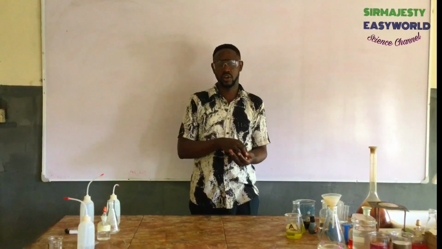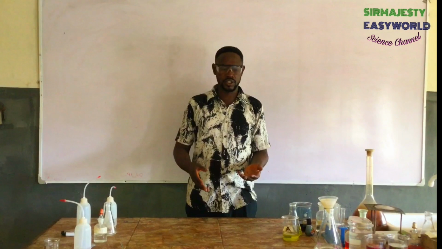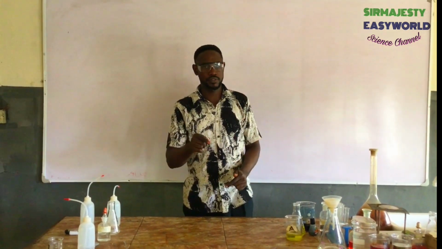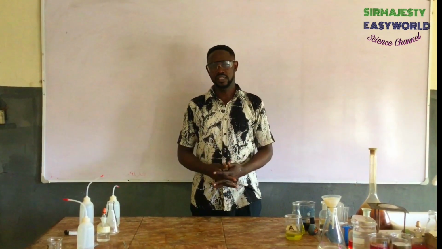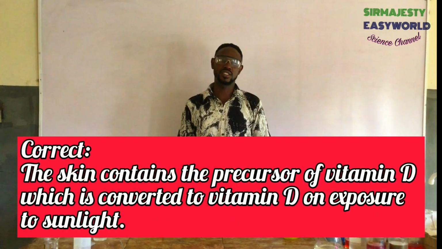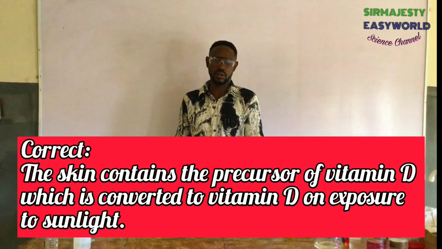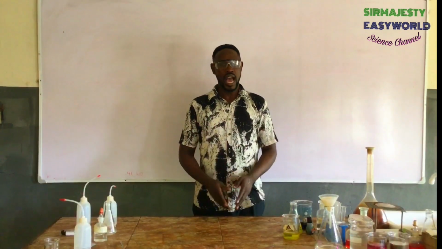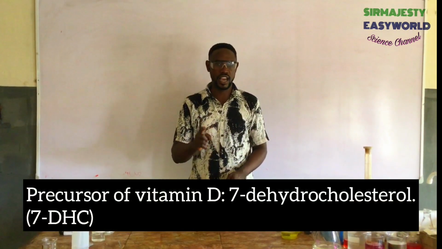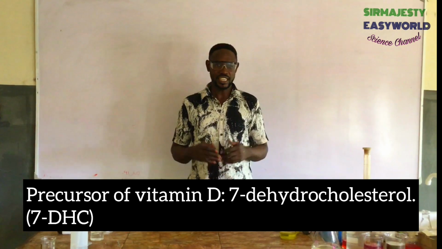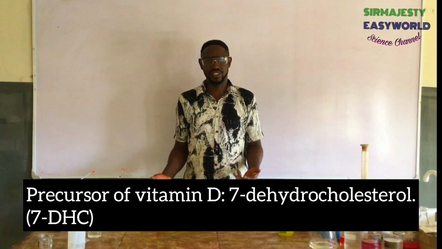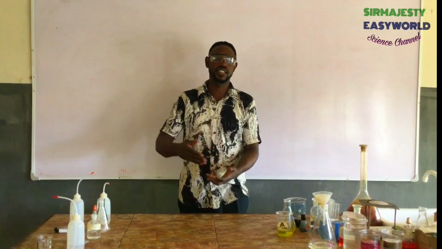The outermost is the cornified layer, which is made up of dead cells. But I take you down to the germinative layer, which is the Malpighian layer. This layer actually contains a chemical that, when exposed to mild sunlight, is converted to vitamin D, and that chemical is 7-dehydrocholesterol. So it's just that the sun is necessary to convert, not that there is vitamin in the sun.